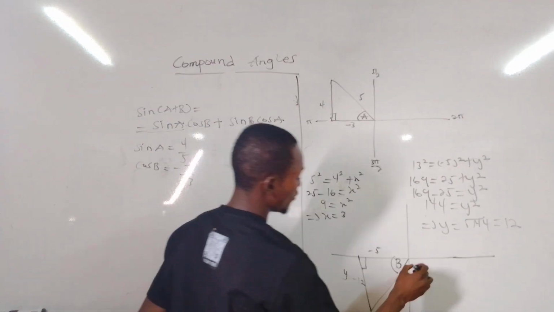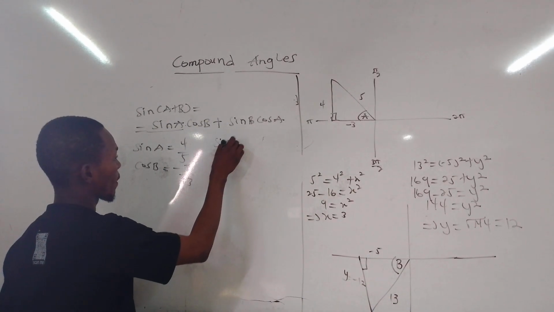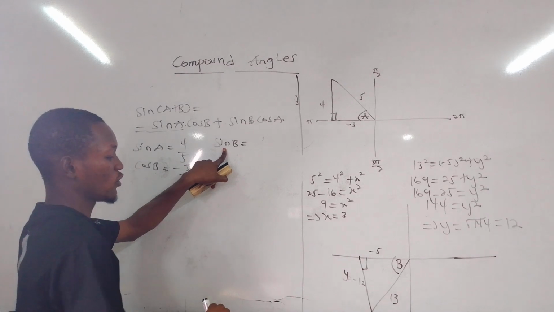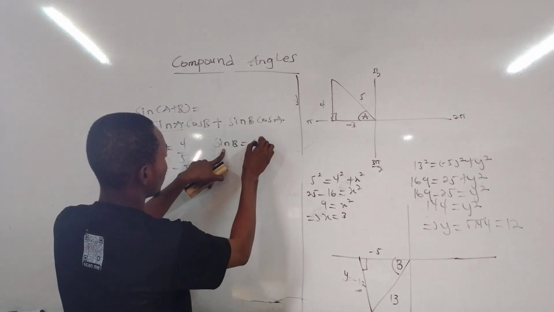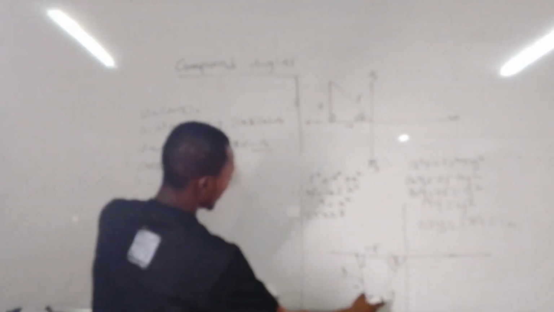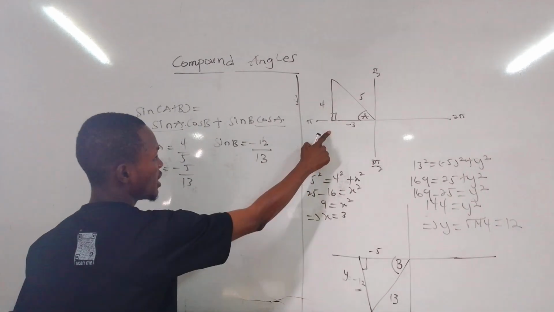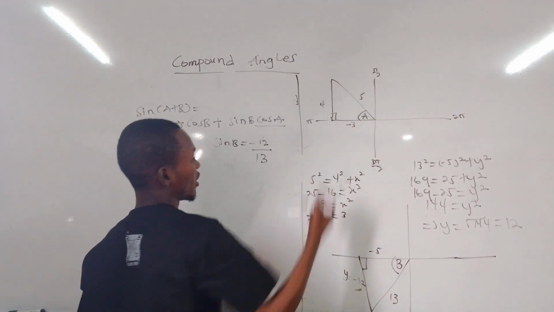Now we can find sine B from here, since we know sine is opposite on hypotenuse. So from here, there is our opposite, with the hypotenuse being 13. Likewise, we can also find cos A from here.